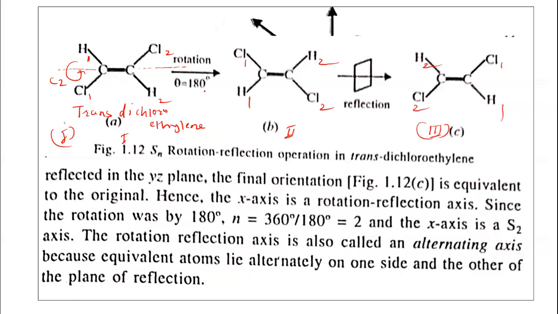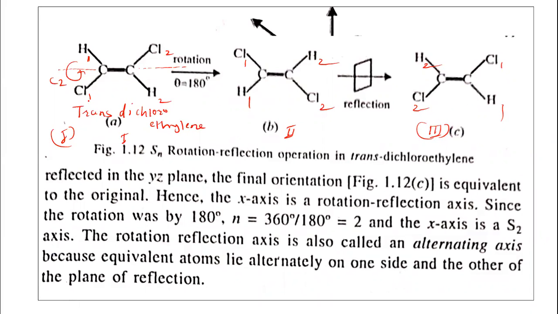To show the improper rotational axis, first of all we have to rotate the molecule around that axis, and later on we have to pass the plane of symmetry. Then whatever symmetric operation is obtained becomes an equivalent orientation of the original one. You can see here, this is the first, this is the third.